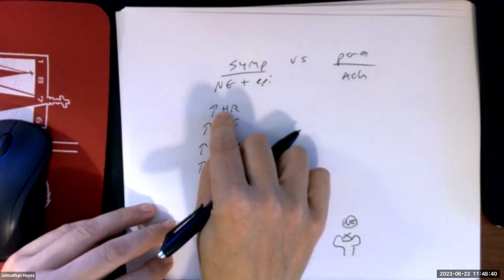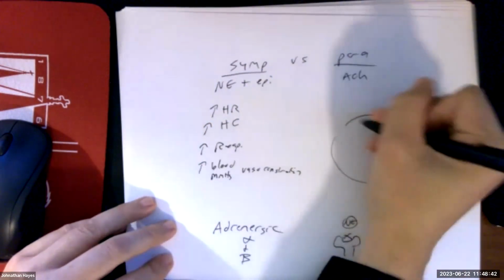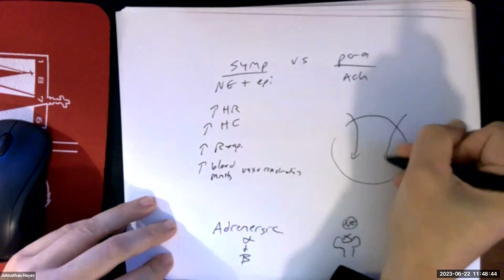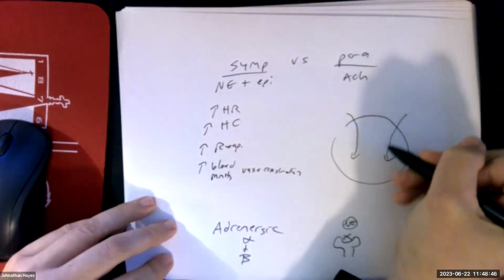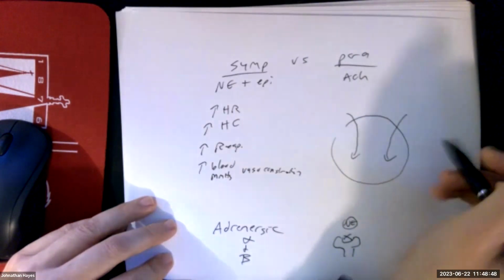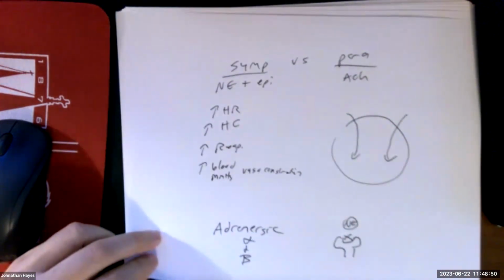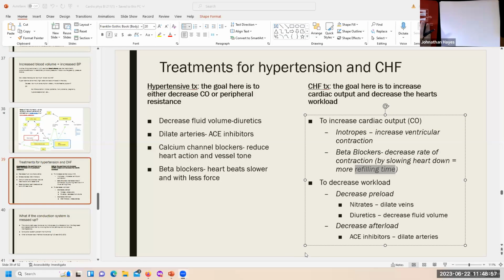So it's going to allow the muscle to relax a little bit, and it's going to slow down the heartbeat. And if my heartbeat is slower, that means I have more refilling time, right? Because there's more time for blood to get in there between beats. So that'll help. Let's see, what else do we have on there? Other things, like let's say that we are dealing with congestive heart failure, and maybe we got there because the vessels are too tight.